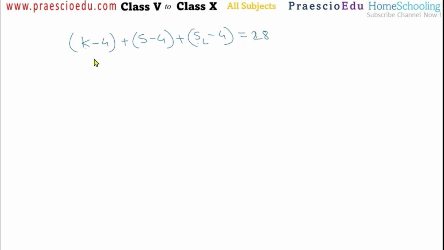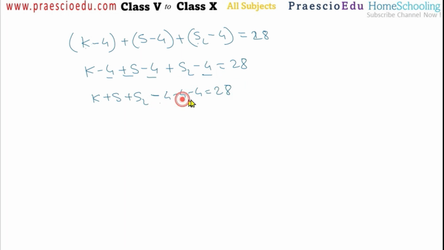So after opening the bracket, K minus 4 plus S minus 4 plus SL minus 4 is equal to 28. So this minus 4 and minus 4 and minus 4 will become one side. So K plus S plus SL minus 4 minus 4 minus 4 is equal to 28.